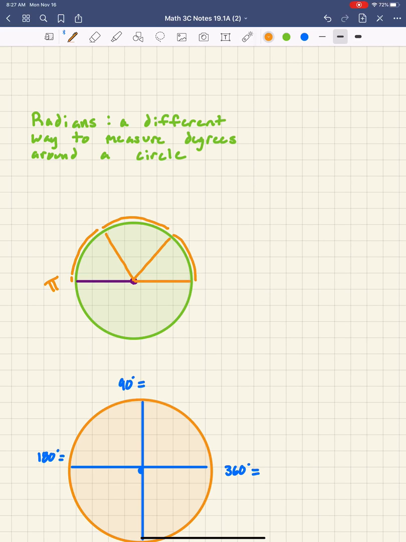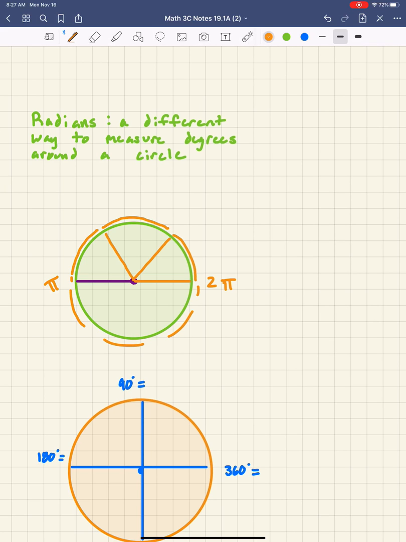If I wanted to continue and go all the way around the circle, it would take me 2 pi radii. That would be about 6 of those pieces of string, a little bit more, because it's 2 times 3.14. So about 6 of those radius strings to get all the way around the circle. This is just a different way to measure our distance around a circle.